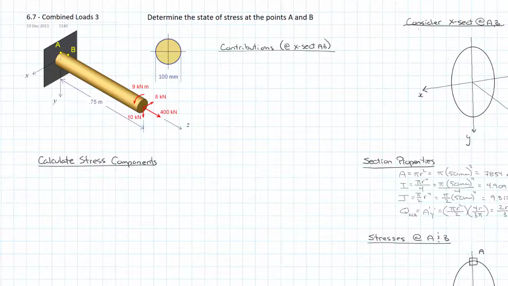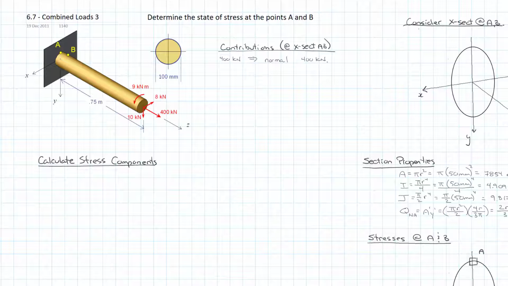So I'll label that here. 400 kilonewton force, and the contribution is basically a normal force at the centroid at cross-section AB equal to 400 kilonewtons. And we don't have to add anything else. It doesn't contribute a moment, doesn't contribute a shear or anything else, just the normal force of 400 kilonewtons.